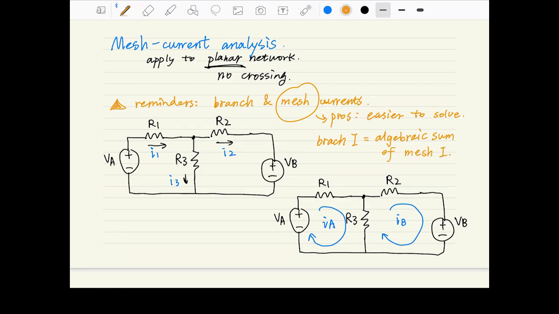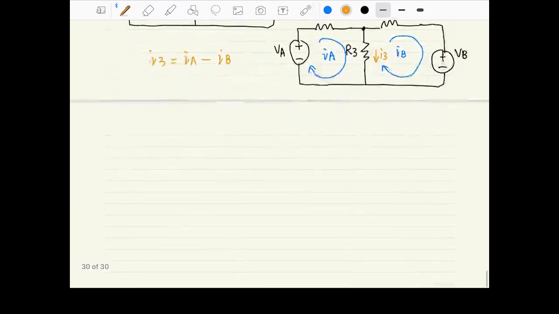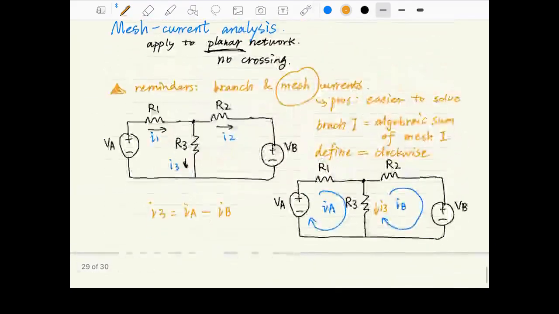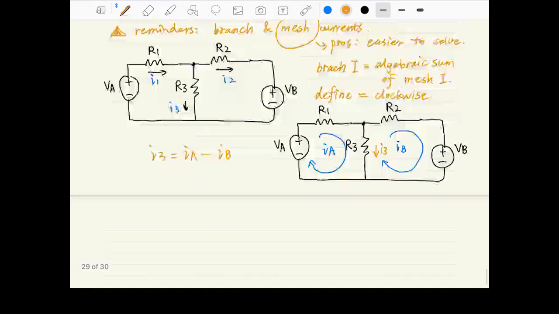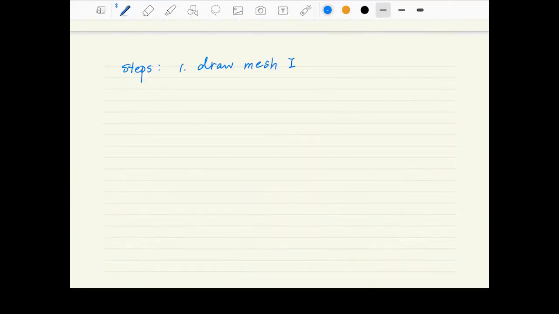Its advantage is that when you define mesh currents and use them to solve the problem, the process will be easier. We usually don't need to introduce KCL to substitute the unknowns. We only need to solve for the mesh current values, because mesh currents flow around closed paths and they automatically satisfy the KCL.